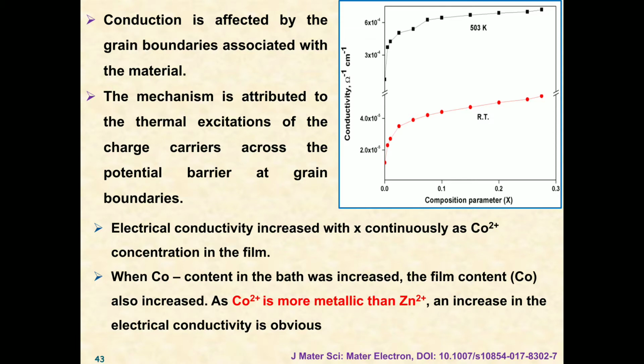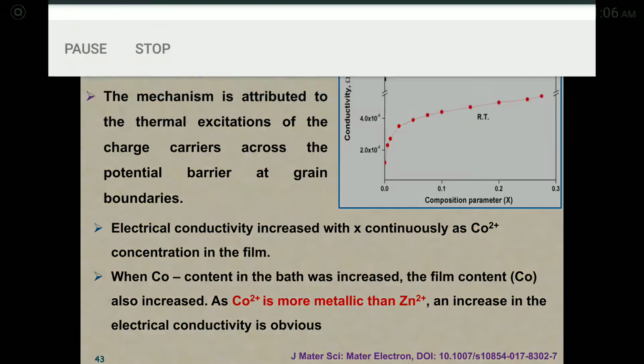From variation of electrical conductivity with composition, we noted that conduction is affected by the grain boundaries associated with the material. The mechanism is attributed to the thermal excitation of the charge carriers across the potential barrier at grain boundaries.